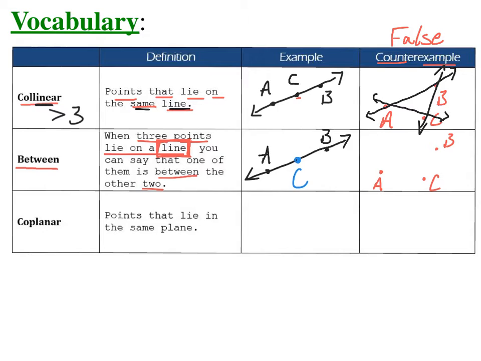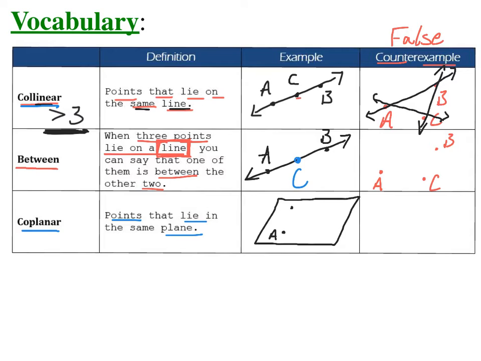And my last term, coplanar. Very similar to collinear from up above. This is just points that lie in the same plane. So what I'm going to do is sketch out my plane. Remember, it's kind of like that parallelogram. And I'm going to add some points. Now, collinear, it has to be at least 3 points. Well, remember, a plane is defined by 3 points.